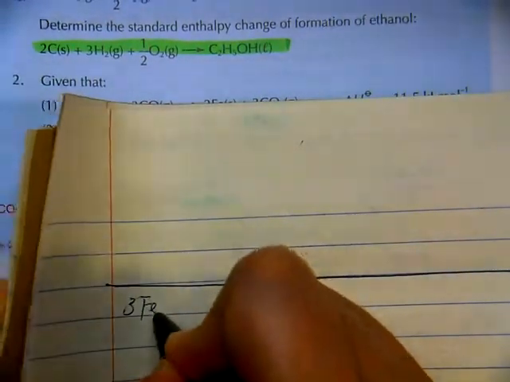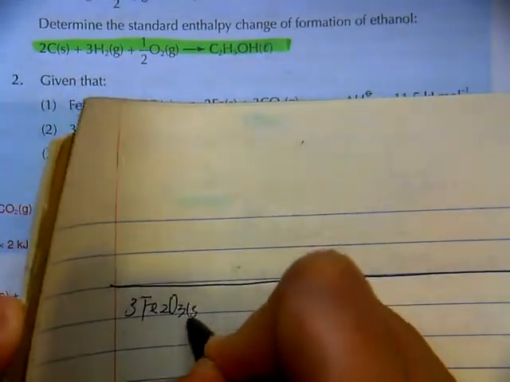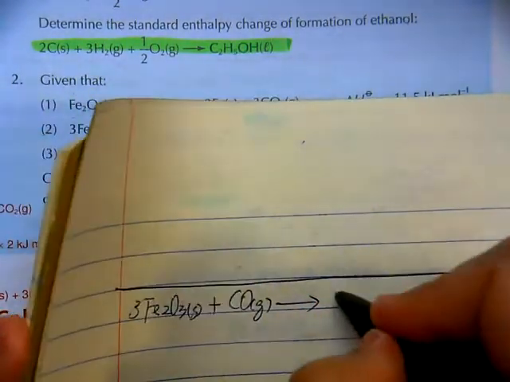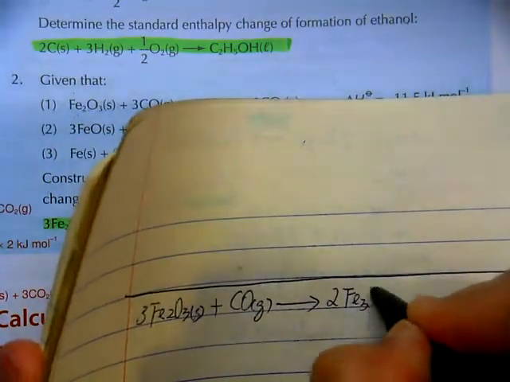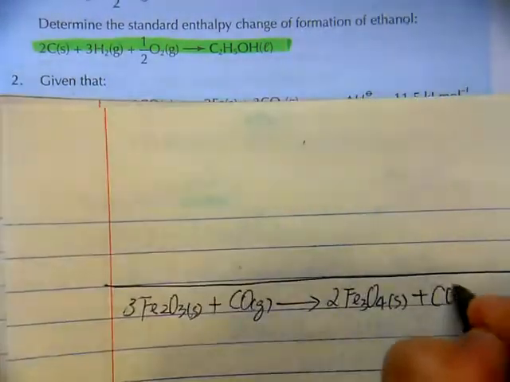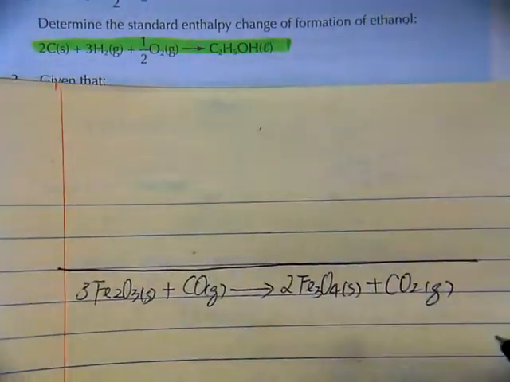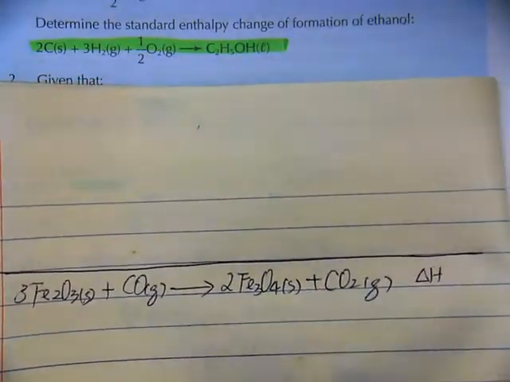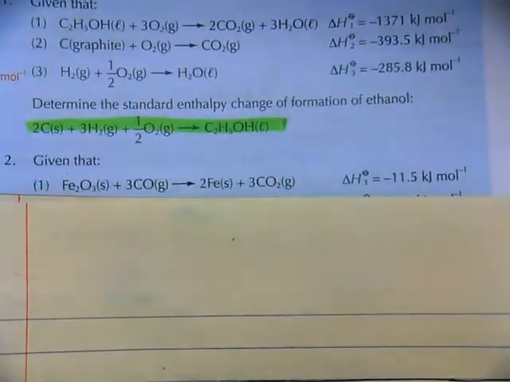Fe2O3 plus CO to form Fe3O4 plus CO2. This is your target. You want to work out its delta H by using the equations given.